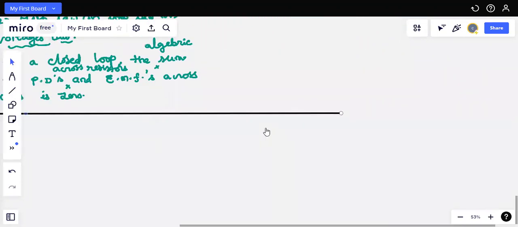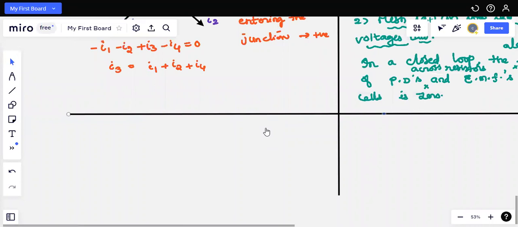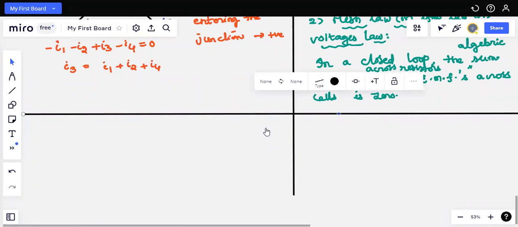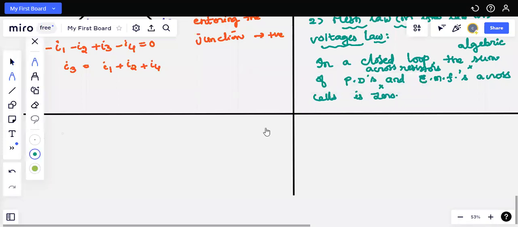Okay, in the same way here, we are going to write what that implies, to apply this loop. Just observe here. I am taking a loop like this. This is a loop.